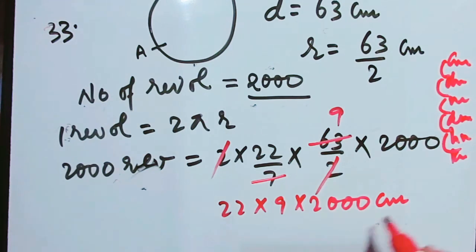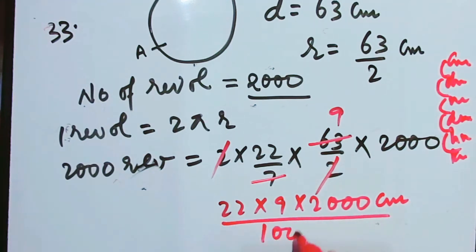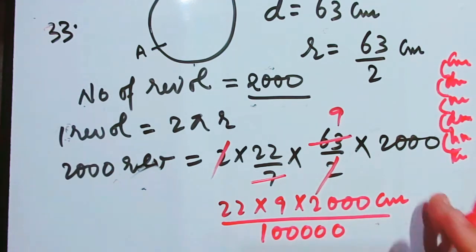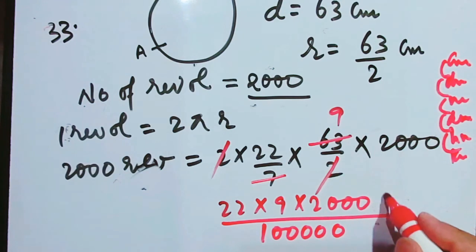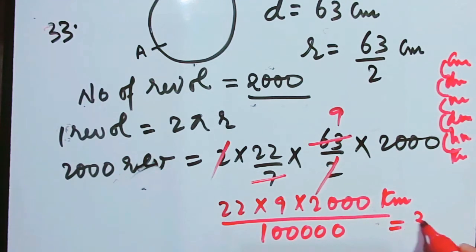Means you have to divide this by 1 lakh. And then it will get converted to kilometers. Clear? So this will give you a value 3.96 kilometer.